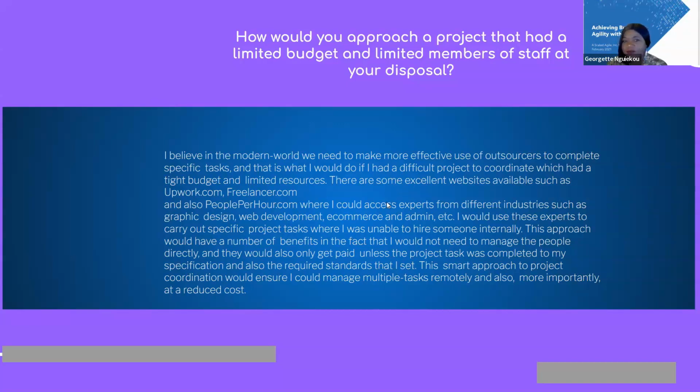When the project has a limited budget and limited number of staff, first of all, I will transition into Agile by saying that the Agile way of working helps you to solve that kind of problem. Because when a project has a limited budget, you want to make sure that you first work on the MVP, the minimum viable product.